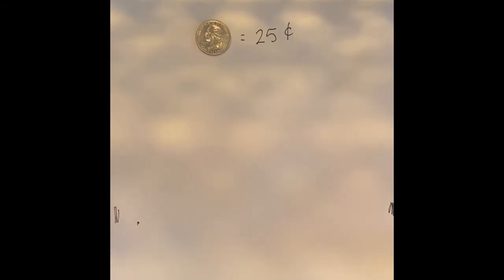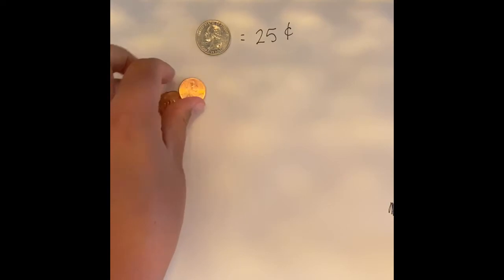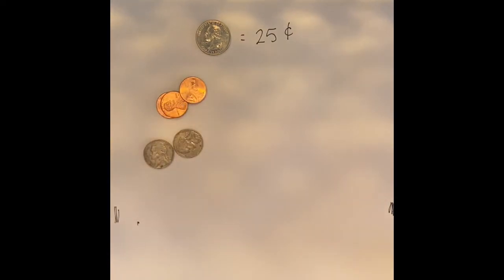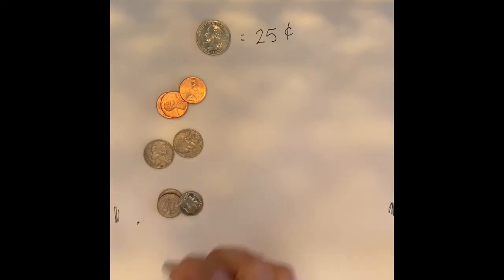Today, what we're gonna do is practice taking a quarter and breaking it into our other pieces of money that we have worked with. So we've learned about pennies. We've learned about nickels. And we've learned about dimes, right?